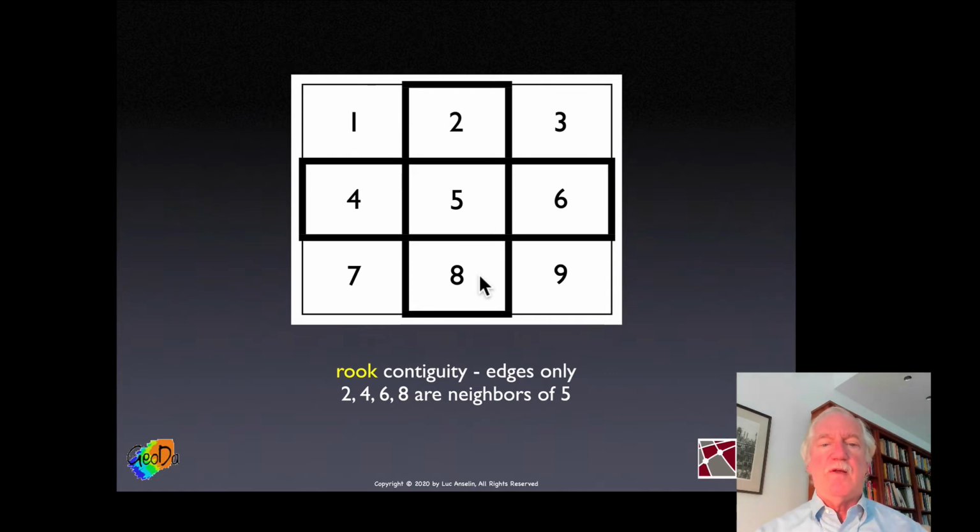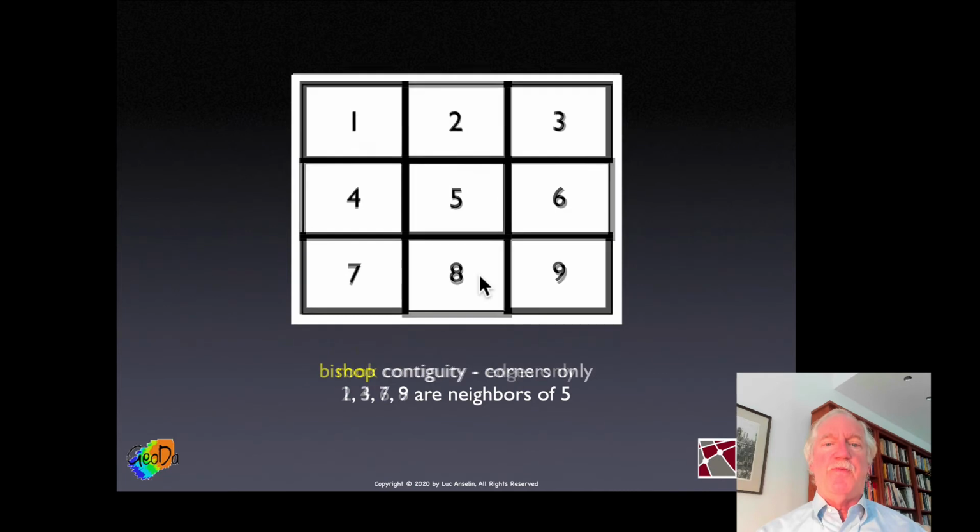Keep that in mind. Now, if you know chess a little bit, you know the piece that can move diagonally is the bishop. And that's a second definition of neighbor based on contiguity. Now the neighbor relationship is defined by only having a corner in common between the two. So the diagonal moves of the bishop. This is hardly ever used, and we actually haven't even implemented it in GeoDa because it's hardly ever used.